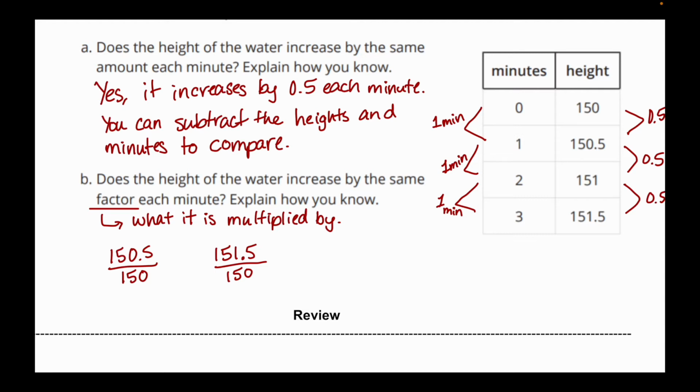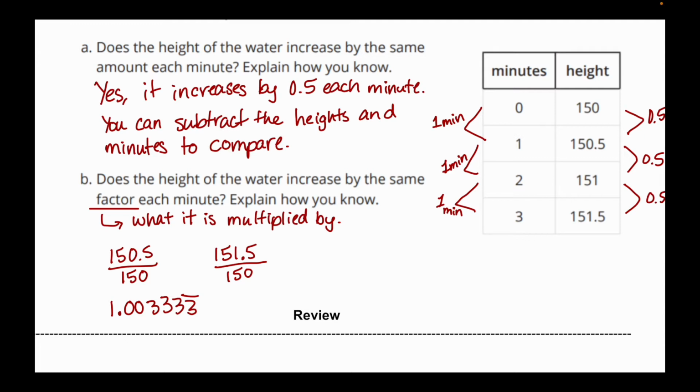So 150.5, and we're going to divide that by 150. Calculator says this is 1.003333, and the threes keep repeating.